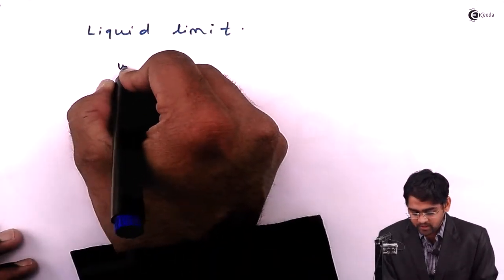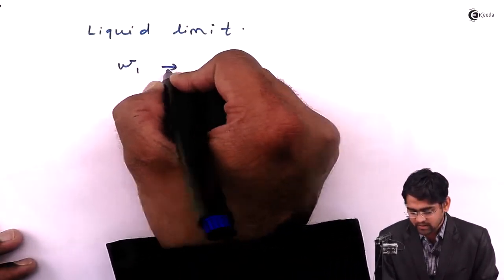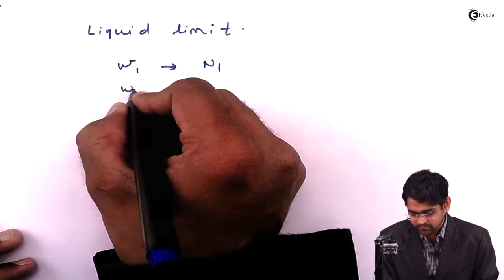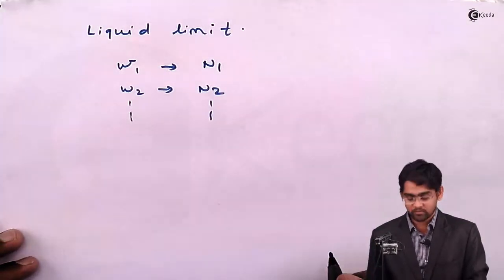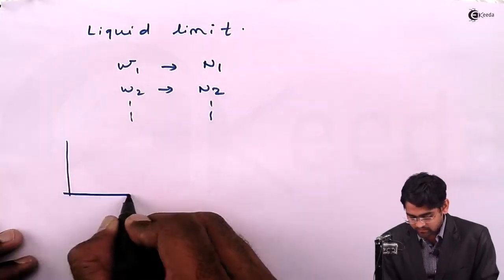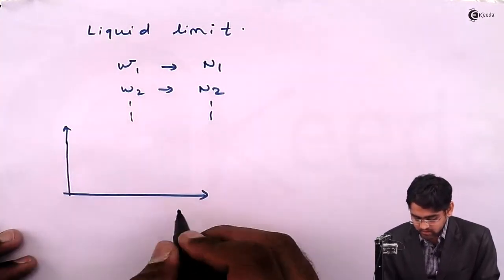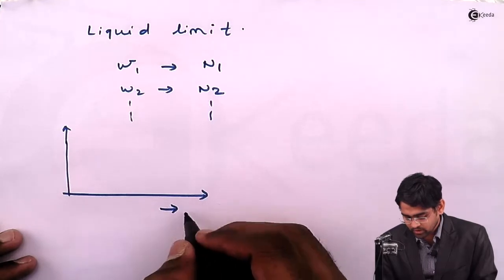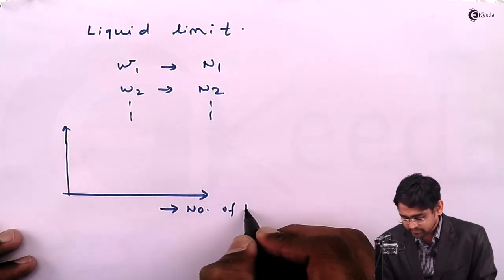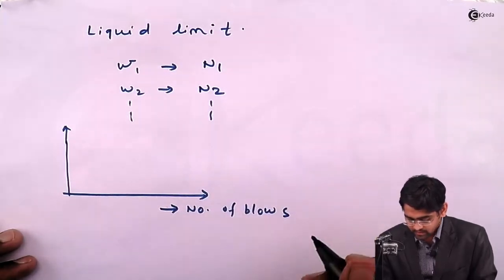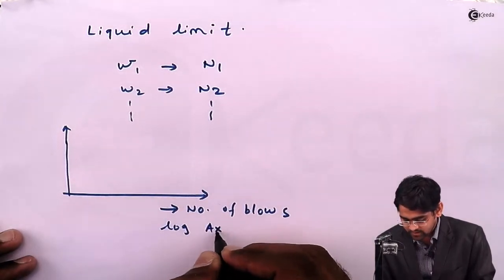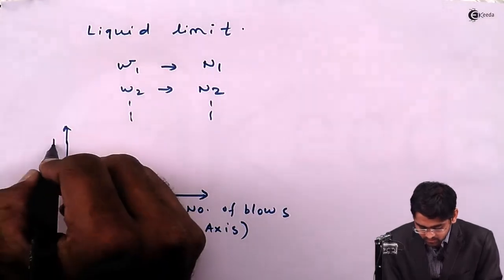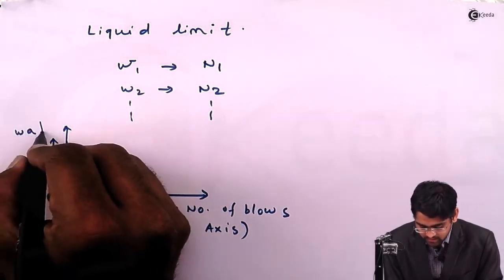Based on different water contents we measured blows, and with reference to the water content and number of blows we plotted a graph, with the number of blows on the x-axis, which is a logarithmic axis, and the water content on the y-axis.